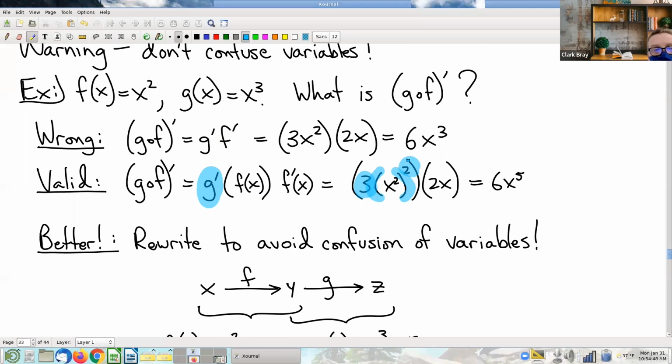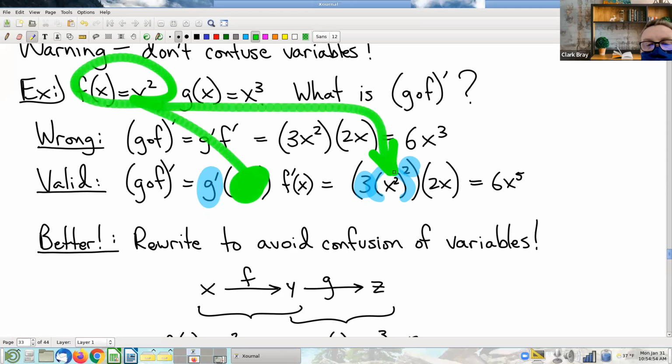But just don't forget, the thing that goes in there is f of x. That's the thing that has to go into g prime. And so it's not 3x squared, it's 3x squared squared.